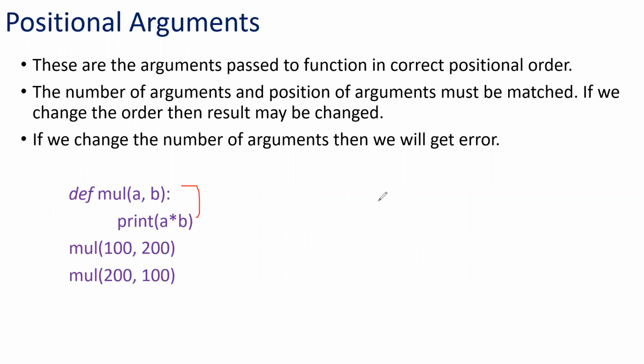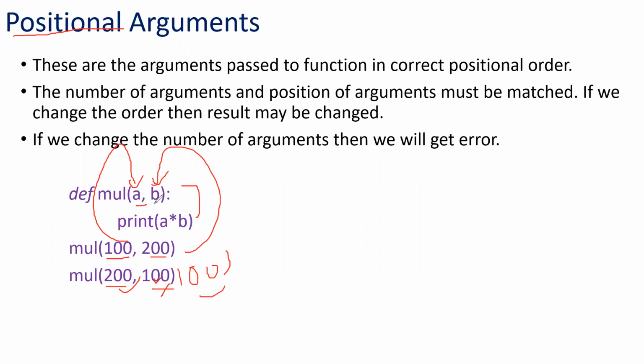Now, before starting the second one, I just want to conclude whatever we have discussed about the positional arguments. Positional arguments are based upon the position. Whatever positions we give, it will assign as per the position. Now instead of 200, 100, I am going to add one more number: 100, 200, 100, 100.